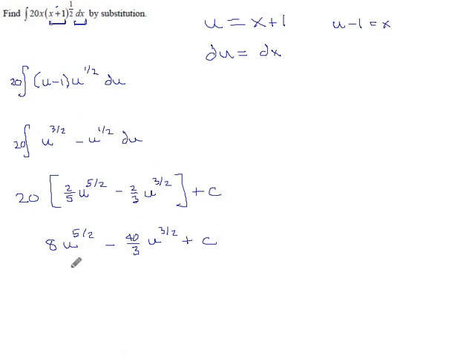And so if we clean that up, u is x plus 1. If I plug that back in, we get 8 times x plus 1 to the 5 over 2 minus 40 over 3 times x plus 1 to the 3 over 2 plus c.